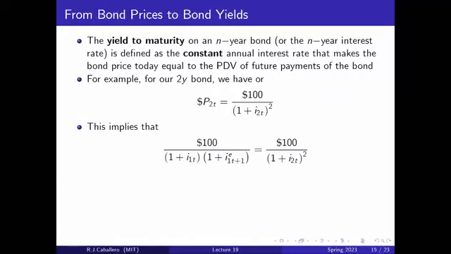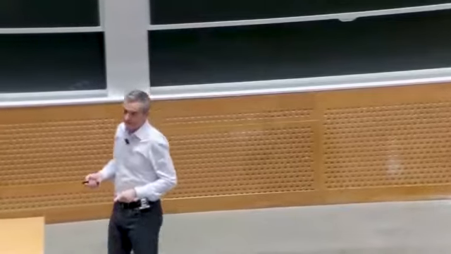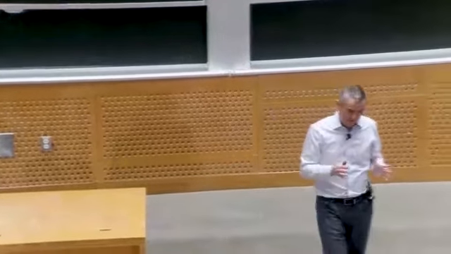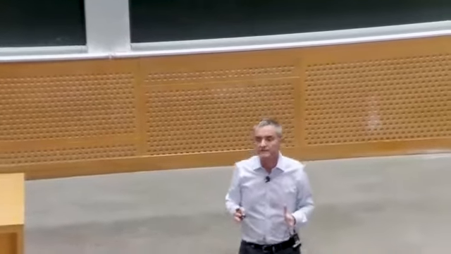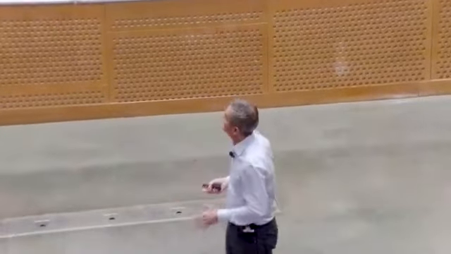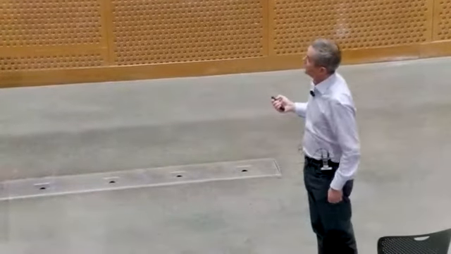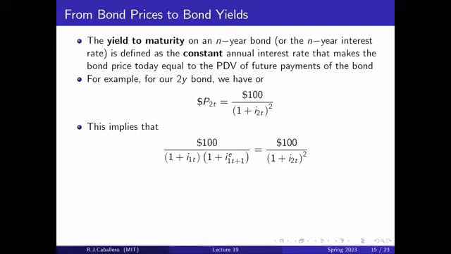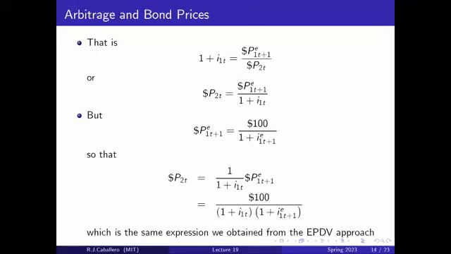And then we define the yield to maturity, so that's an important concept. Yield to maturity is a constant rate, meaning that it gives you exactly the current price of the bond, okay? We already determined the price of a 2 year bond is that.